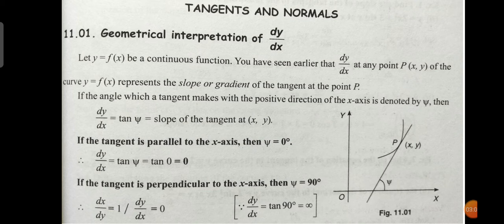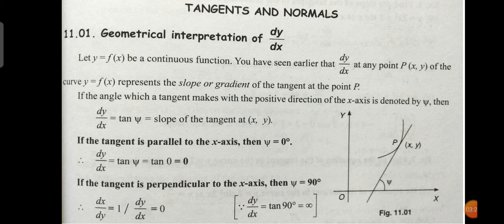P of x, y, the point is noted there. That curve is the continuous function. It is continuously going, there is no break in that curve. You have to know that.